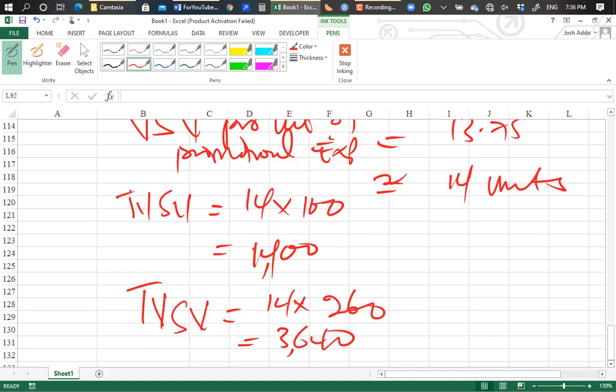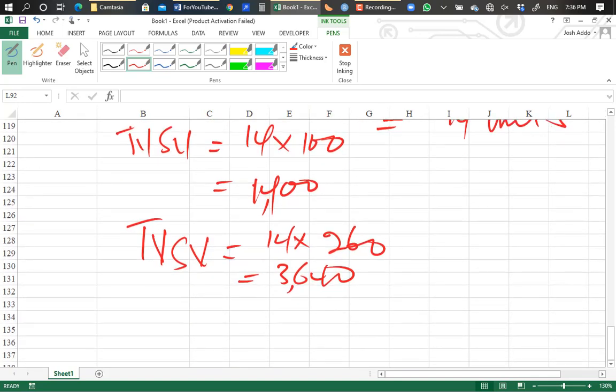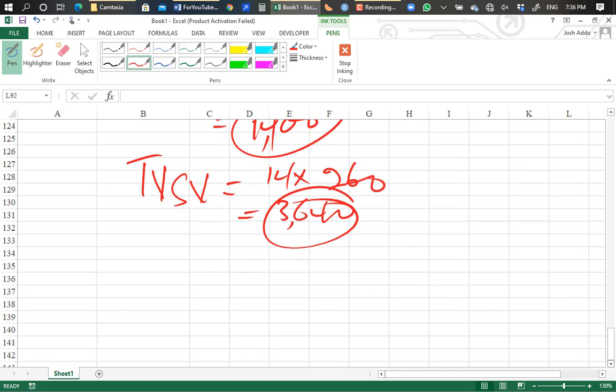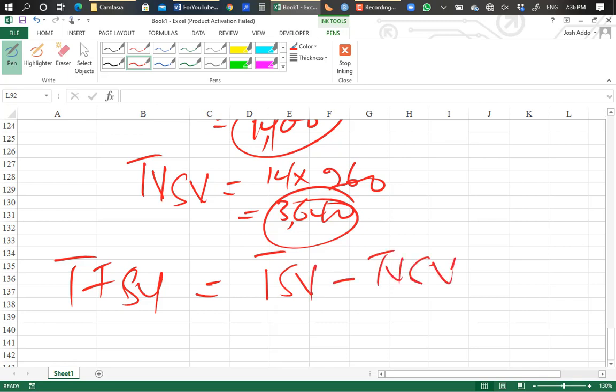Now let's go back. This is either your total variable sales volume, or this one, depending on which level of expenditure you choose. If you choose the bigger one, then we can estimate our total fixed sales volume from there. Total fixed sales volume is equal to total sales volume minus total variable sales volume.